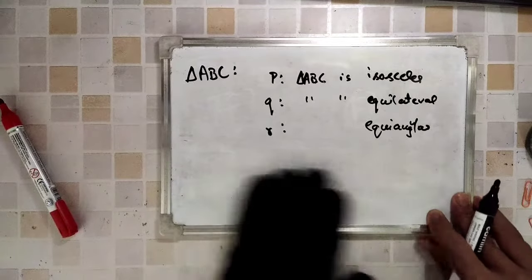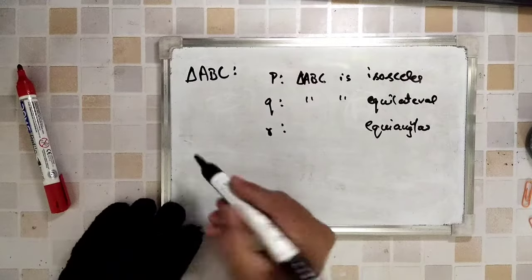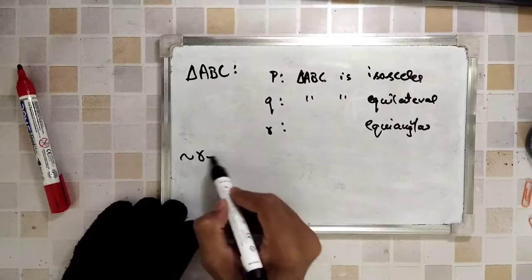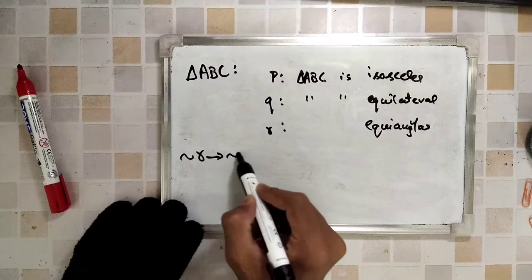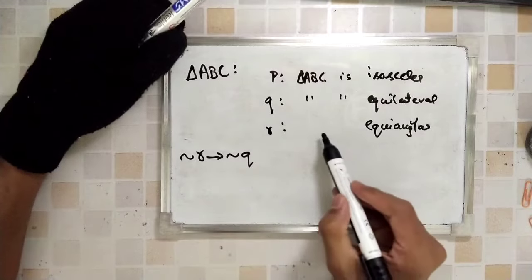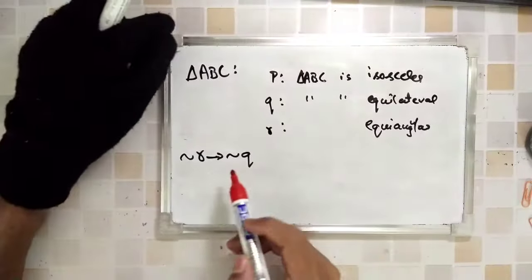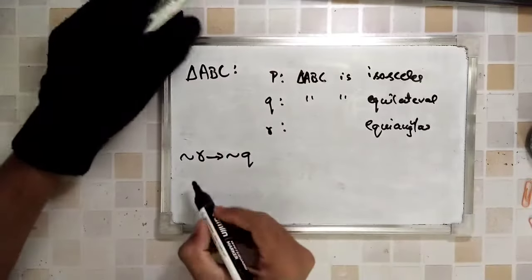You will be thinking why R is written here, but it's not that they are not asking anything. So they have R here now. See here, negation R implies negation Q. How will you write? First R, what is R? Triangle ABC is equiangular. If I take negation, then triangle ABC is not equiangular.